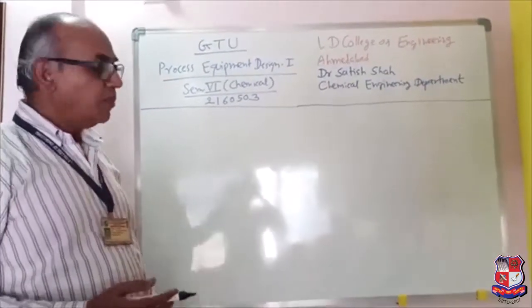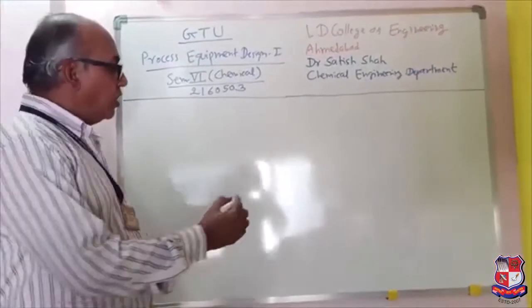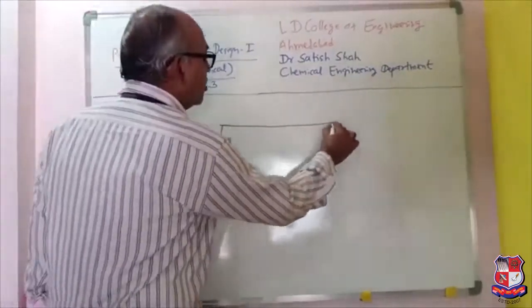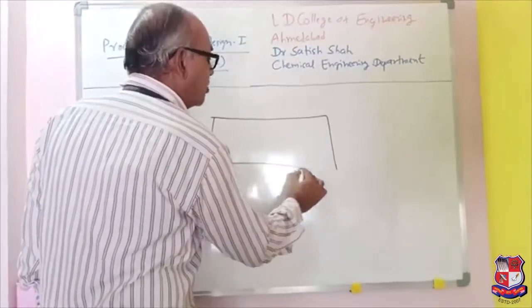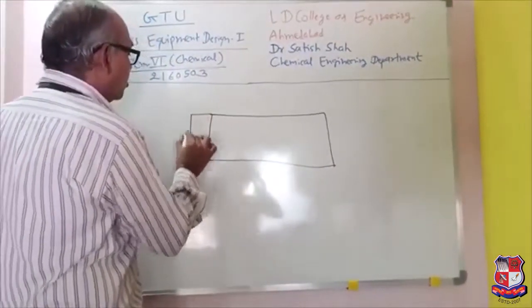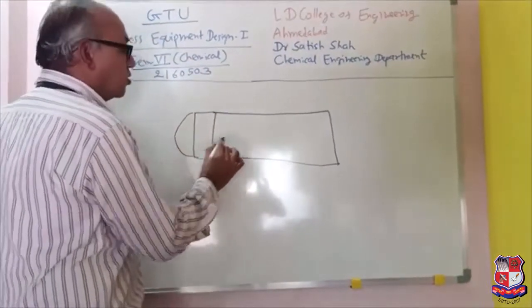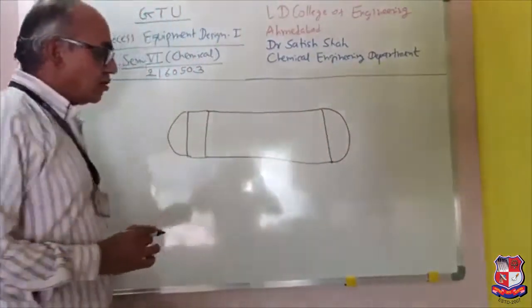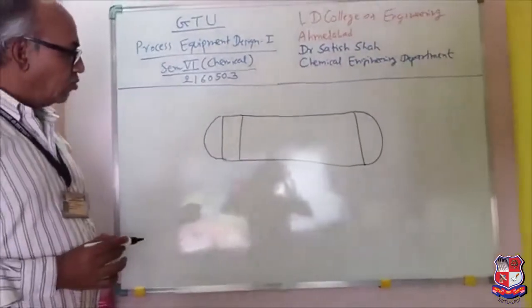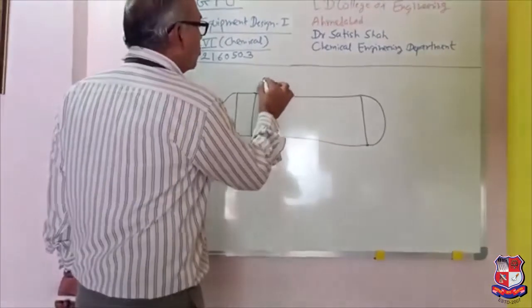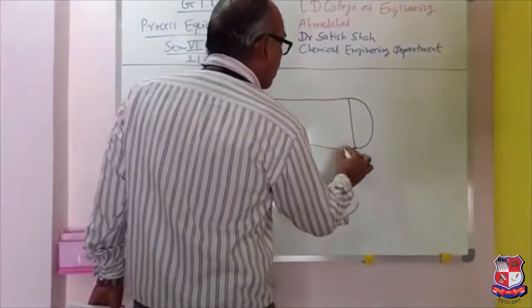So if you see the parts of the shell and tube heat exchanger, it will be like this. So here, this will be the shell, this is the channel portion, this is the head. Here, suppose we have the head connected to the shell, and then we have the nozzles for inlet and outlet.